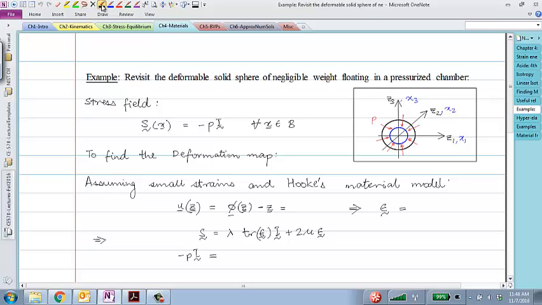So we said, let's assume the deformation map to be alpha times z. And therefore, the displacement map would be phi of z minus z, so alpha z minus z, which means that the strain would be just the gradient of u. So this is nothing but alpha minus 1 times z.